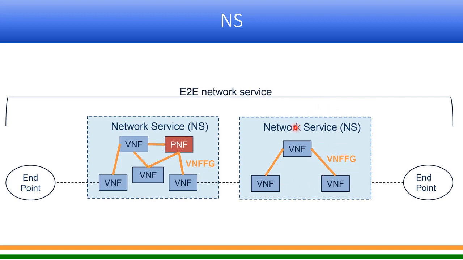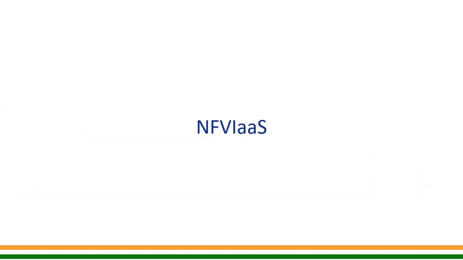And this particular network service has got 3 VNFs and they are connected on the forwarding graph, and these two are again connected. So now the endpoints are here. One endpoint is here, the other endpoint is here. So from endpoint to endpoint, it is called end-to-end network service. So end-to-end network service could be like this.